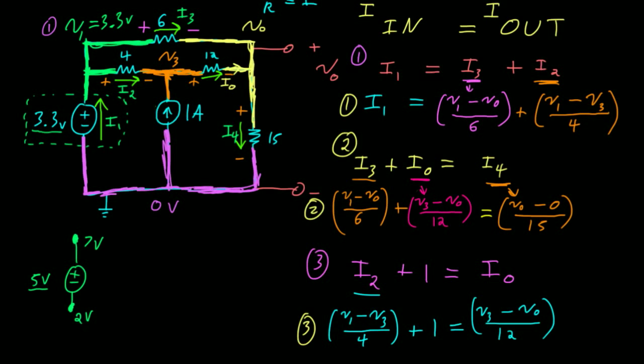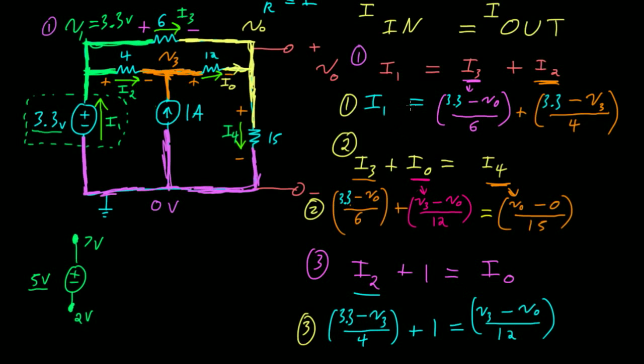I'm going to replace this V1 with 3.3, this V1 with 3.3, this V1 with 3.3, and this V1 with 3.3. Now notice what I've done.